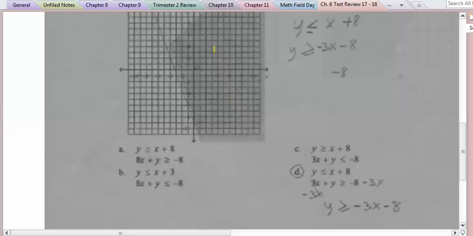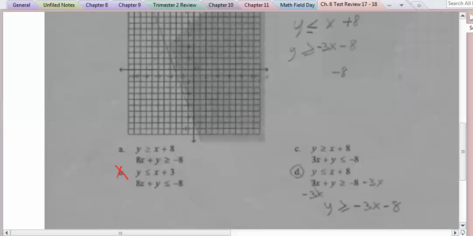So, does it have a beginning point of 3? I'm going to go up here and look to see if there's a beginning point of 3. 1, 2, 3, no. So that one with the beginning point of 3 is not going to work. So I'm going to go ahead and cross off letter B, because we have no beginning point of 3.